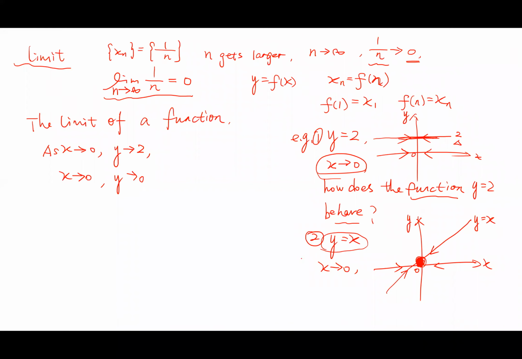So here we have the definition of the limit of a function. We say as x approaches the point x sub 0. Here we use x sub 0 to mean the point. So as x approaches x0, f of x always gets very close to a single constant, a single number.